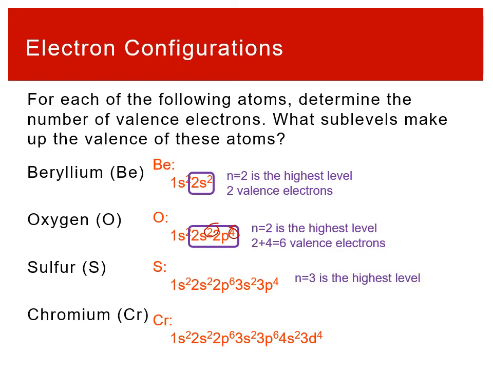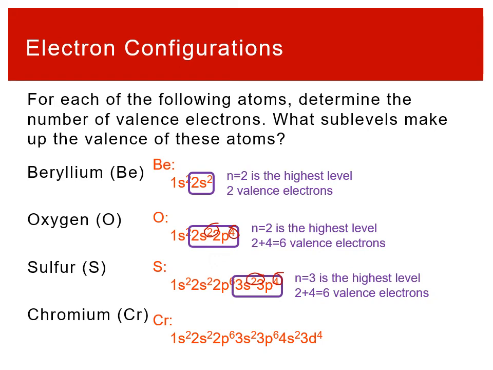In this case it's n equals 3. So the 3s2 and the 3p4 make it up. Those are the subshells that are in the valence of these atoms. Again we add the 2 and the 4, and sulfur, though bigger, also has 6 valence electrons, just like oxygen.